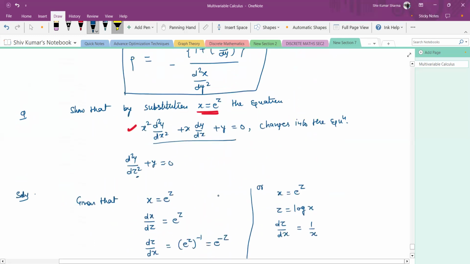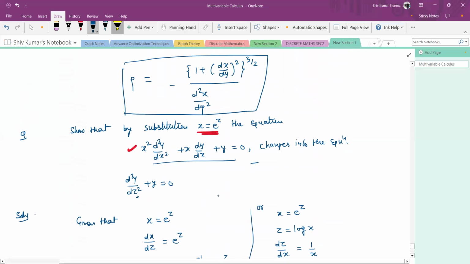Now putting these values in this equation, which you can assume is equation 1.